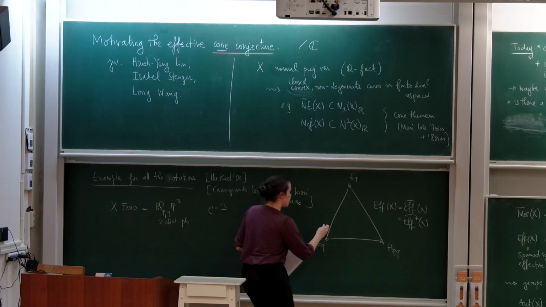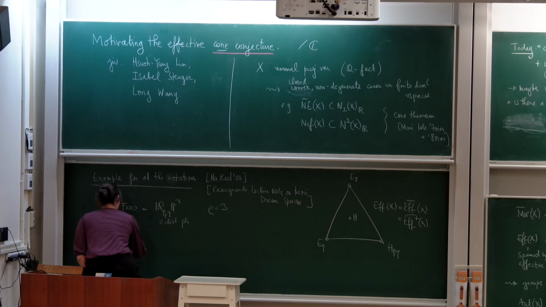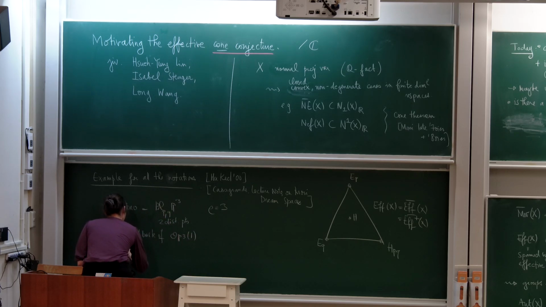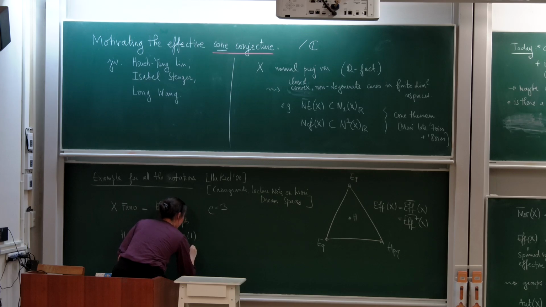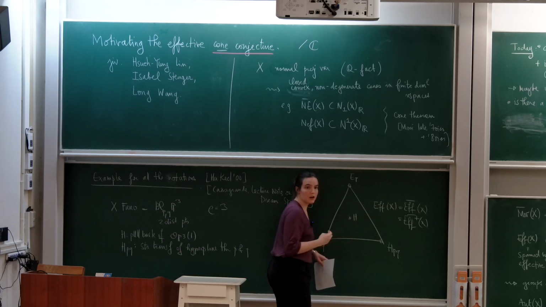So you're going to have H. H is going to be a pullback of O_P3(1), right? H_PQ was the strict transform of a hyperplane through P and Q. So this guy is Nef because it's a pullback of Nef.